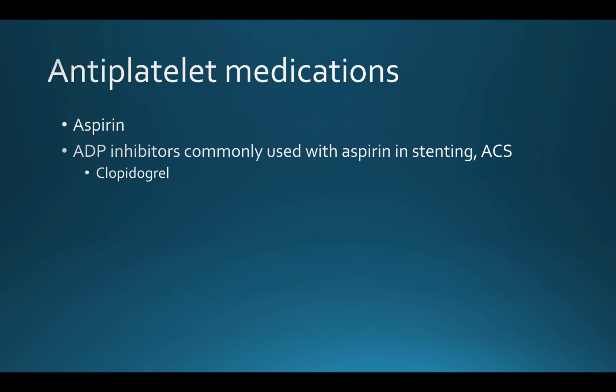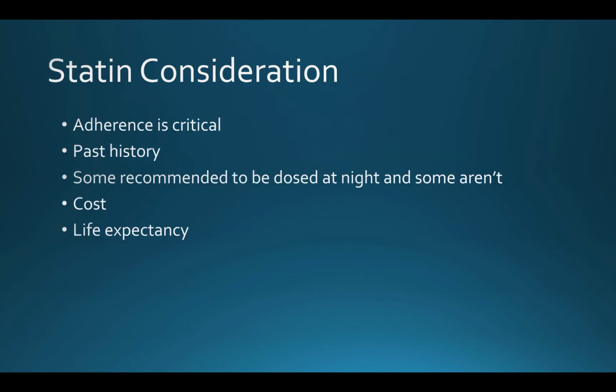Antiplatelet meds, I think we kind of talked about those quite a bit as far as the mechanism, how they work, that type of thing. Aspirin is often combined with clopidogrel in the setting of somebody after a heart attack. In primary prevention, we typically don't use dual antiplatelet therapy. So statin consideration: there are high rates of patients quitting these medications.